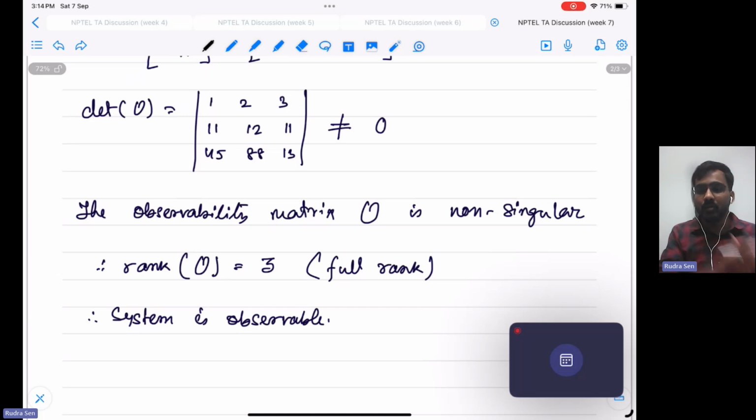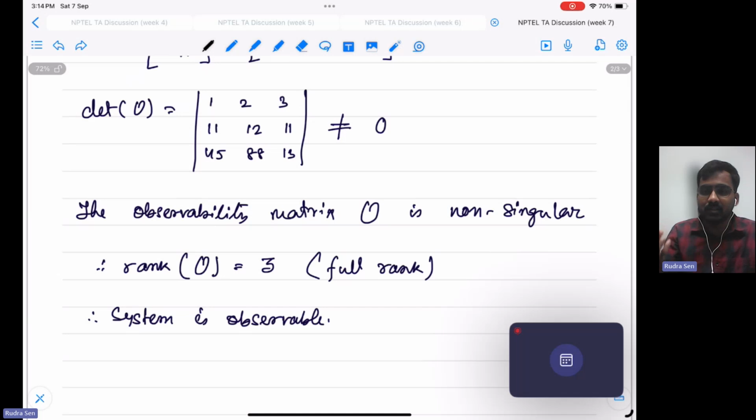If the system is observable, that means we can design a system observer, which we will discuss in the next class. What is the system observer? Using the observer, we can estimate the other states, because we already have the position states using the sensor.